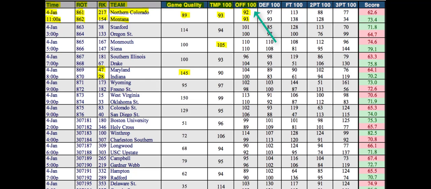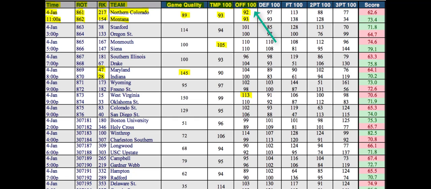We have them rated at 7% below average. If we go over here to West Virginia, for example, they're rated at a 113. That means we have them 13% above average offensively. So they're generating points 13% better than an average team is what we have them rated.